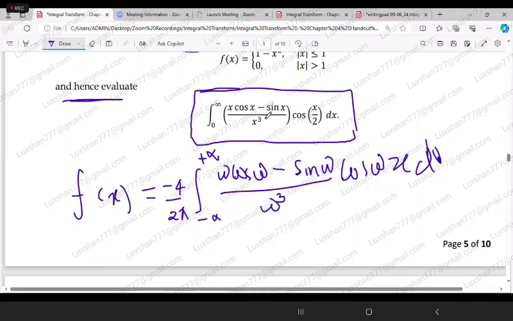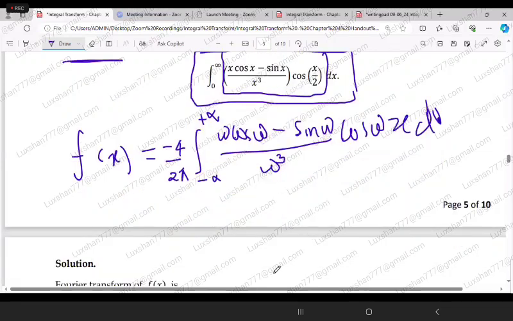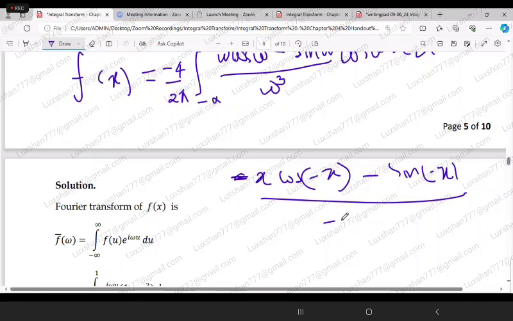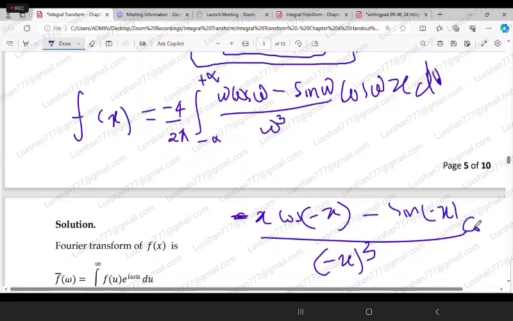Now if you look at this function, the entire function is an even function. You can check that. How? If you put minus x, you get minus x cos minus x minus sin minus x, over minus x whole cube, into cos minus x by 2.